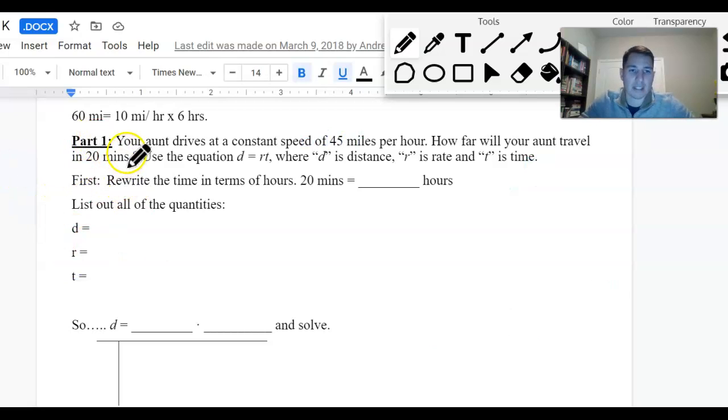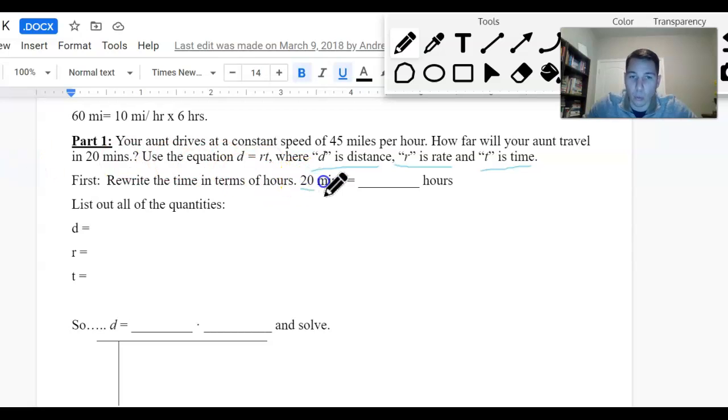All right, part 1 says your aunt drives at a constant speed of 45 miles per hour. How far will your aunt travel in 20 minutes? Use the equation D equals R times T, where D is the distance, R is the rate or speed, and T is the time. First, you need to rewrite your time in terms of hours.